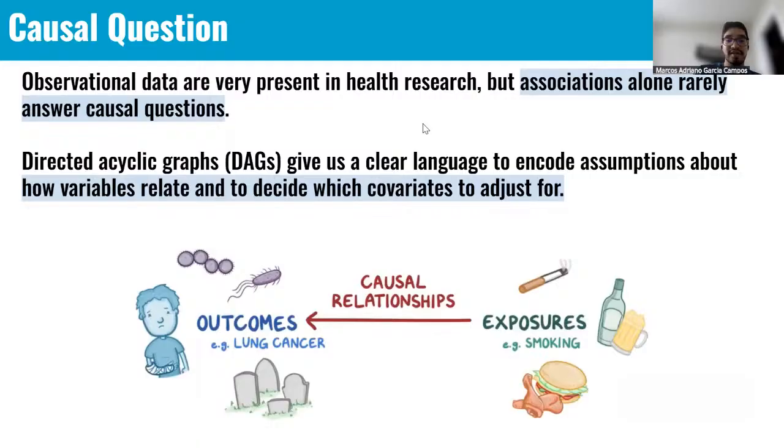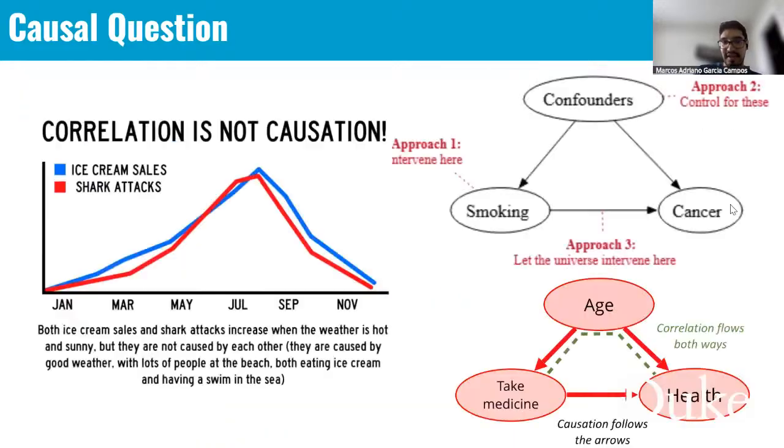We need more than simple association. And the DAG, directed acyclic graphs, gives us a clear language to encode assumptions about how variables relate to each other and how to decide which covariates to adjust for, and to explain better than an association.